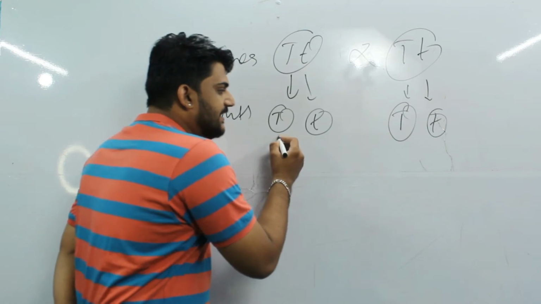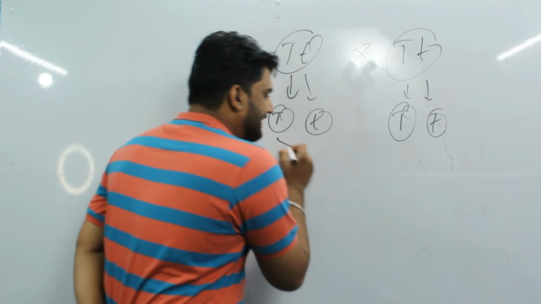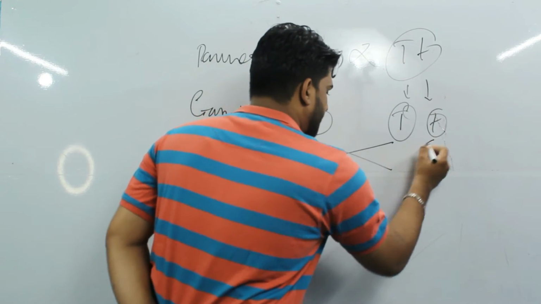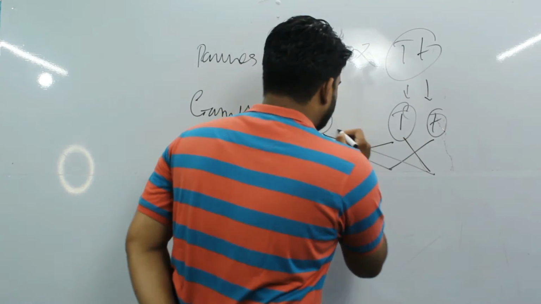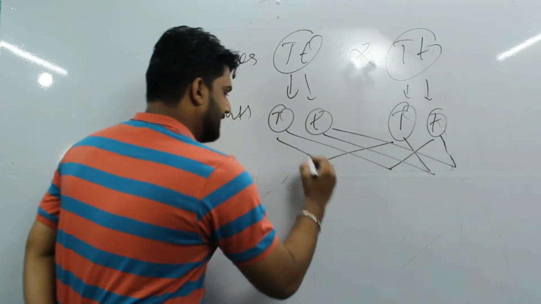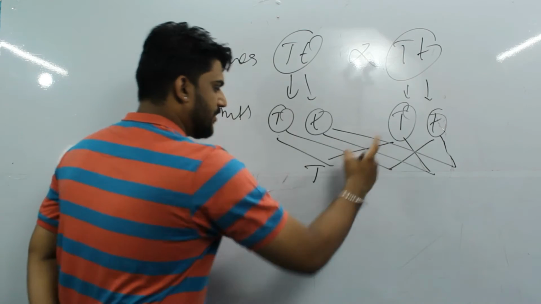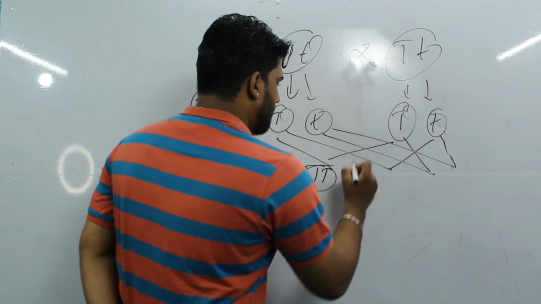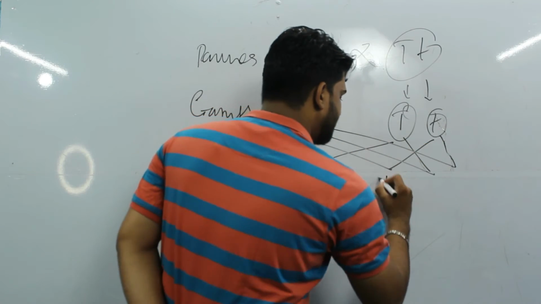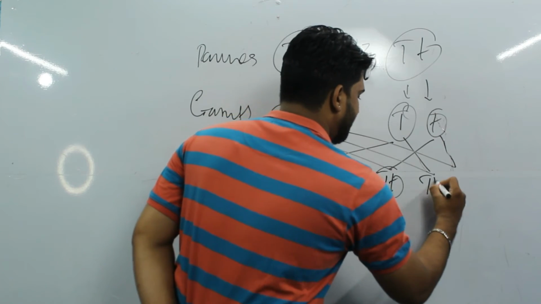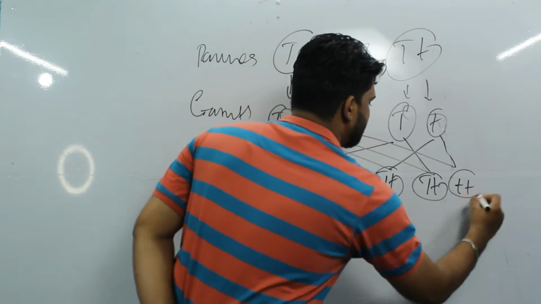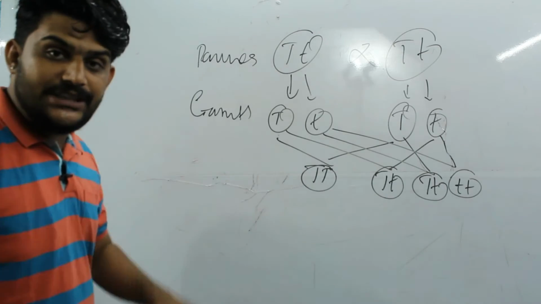Okay, now these are going to get fused. So if we simply fuse it, it will be like this: capital T, capital T, capital T, small t, capital T, small t, and small t, small t. So it might be clumsy for you.